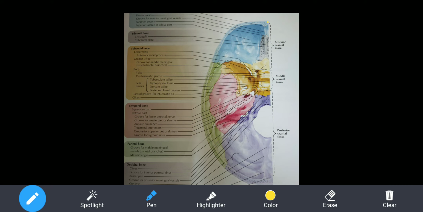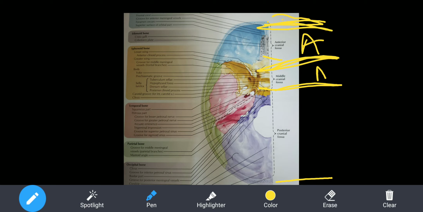Now, one important thing you need to recall or understand is that this cranial cavity is divided into three parts. This is the cranial fossa. Fossa means a depression. So this fossa is divided into three: anterior cranial fossa, middle cranial fossa, posterior cranial fossa.